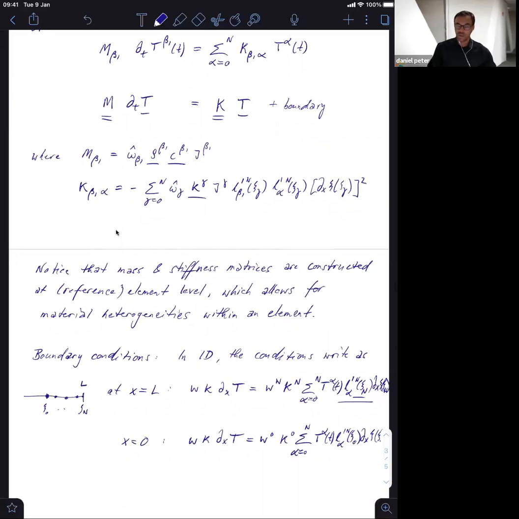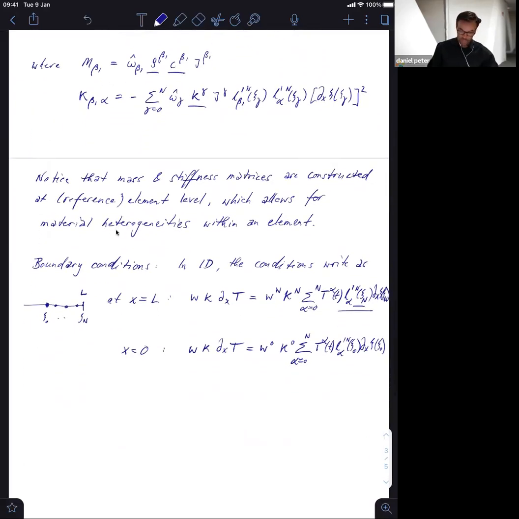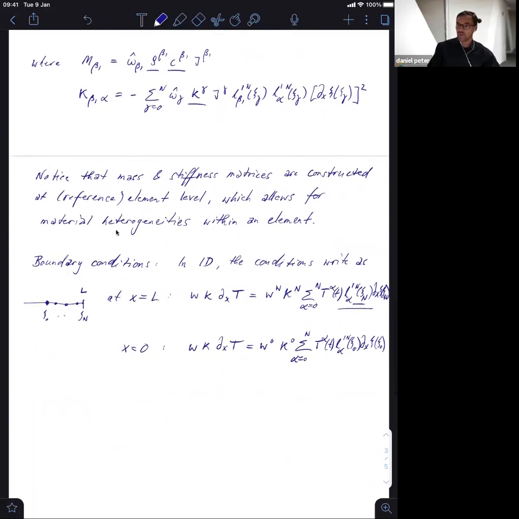We go through the heat equation example, then we'll also look into how we do the time stepping. But there will be no new addition, basically.